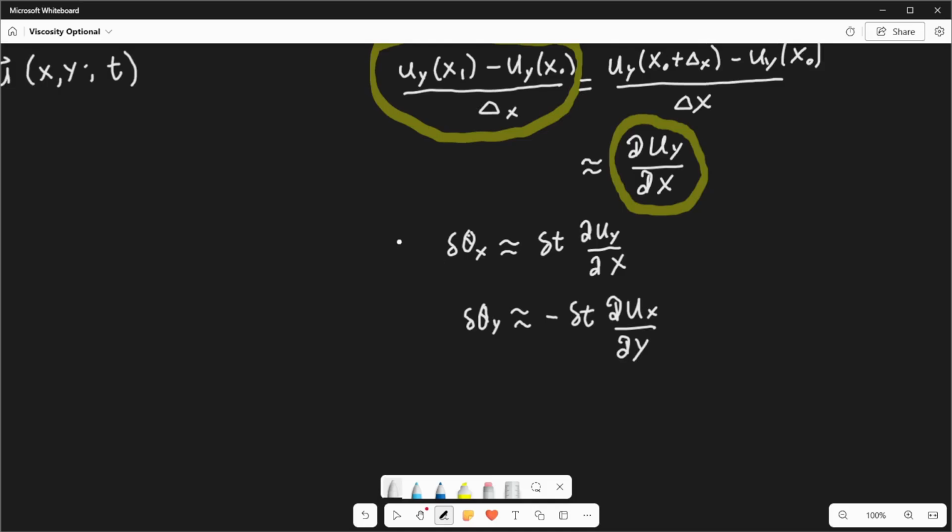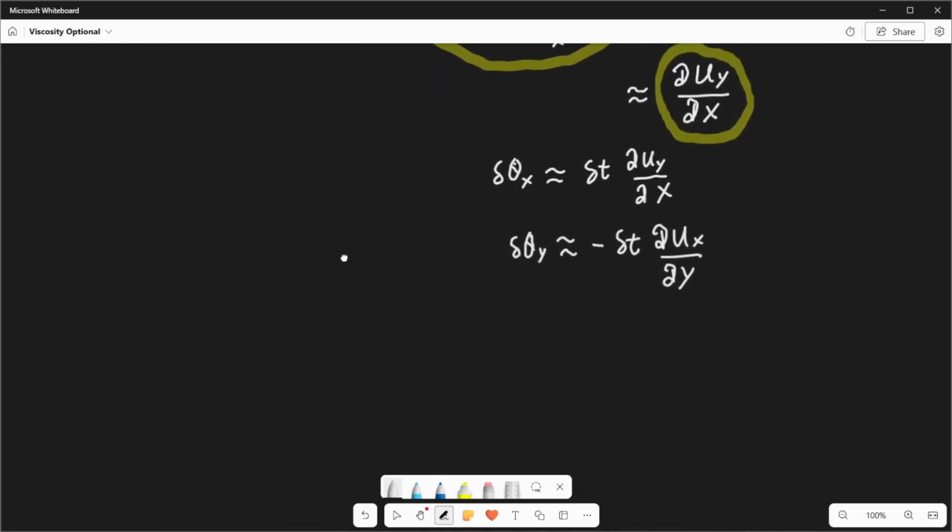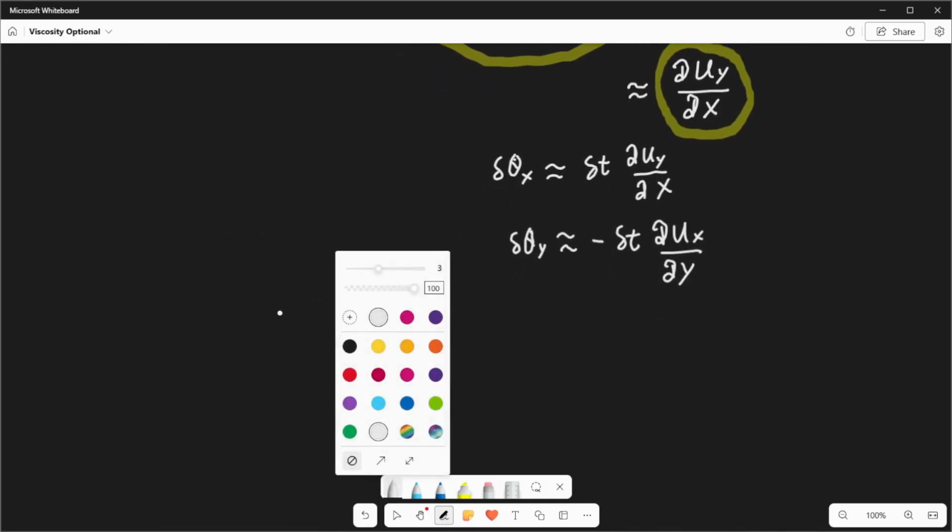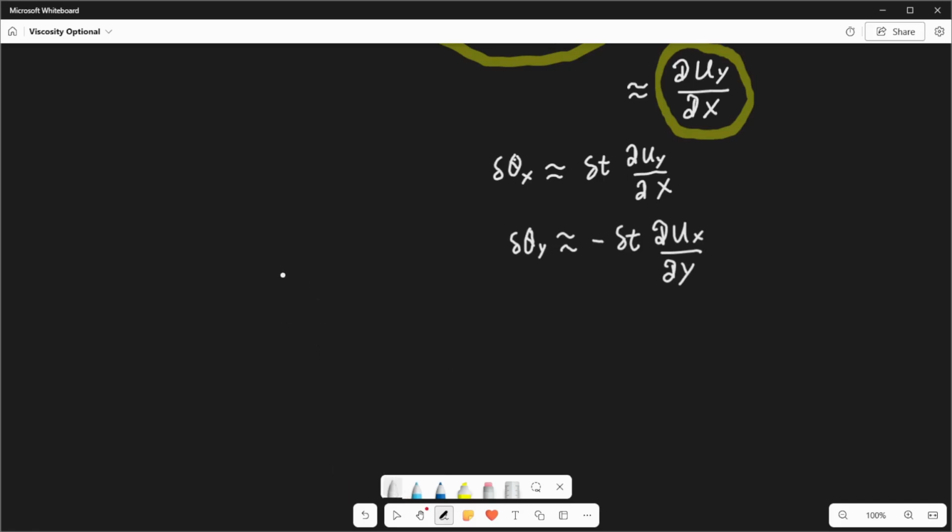Okay, and then the argument is for the complete rotation. So I'm going to draw this thing again because it's now off screen. So we have this thing, and this thing of course is rotating somehow. It's got some sort of rotation.